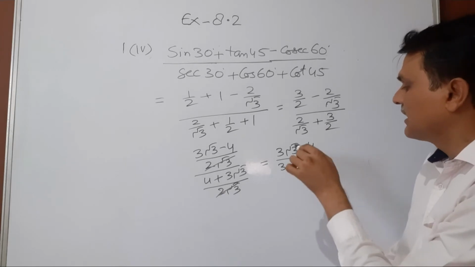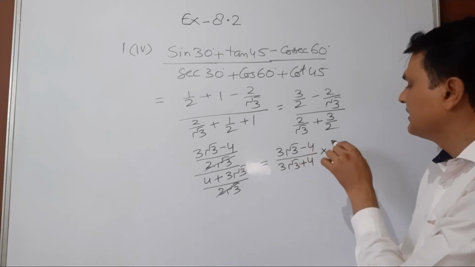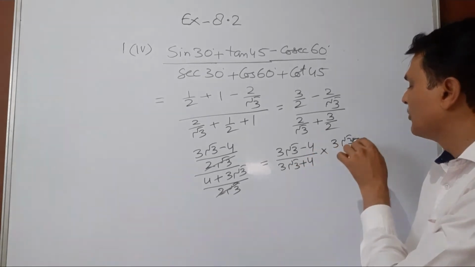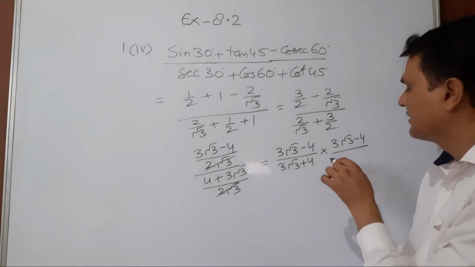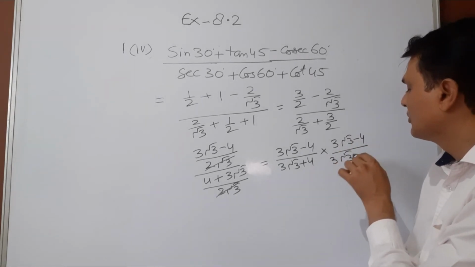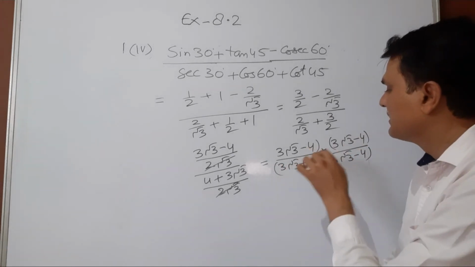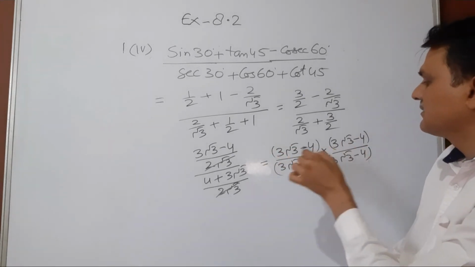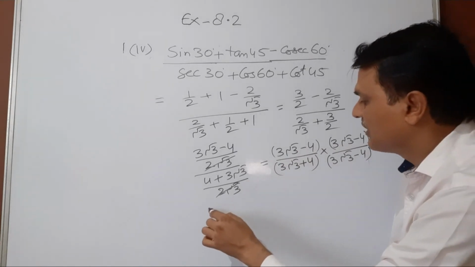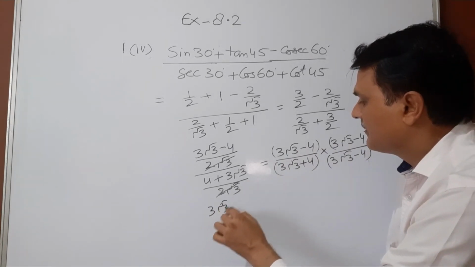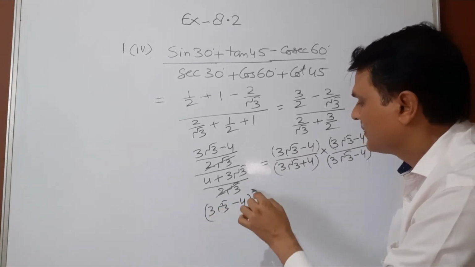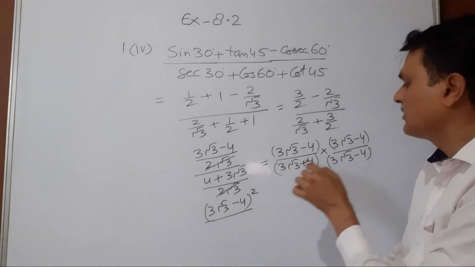We rationalize this by multiplying numerator and denominator by 3 root 3 minus 4, and then we can write this as 3 root 3 minus 4 whole square upon a square minus b square.